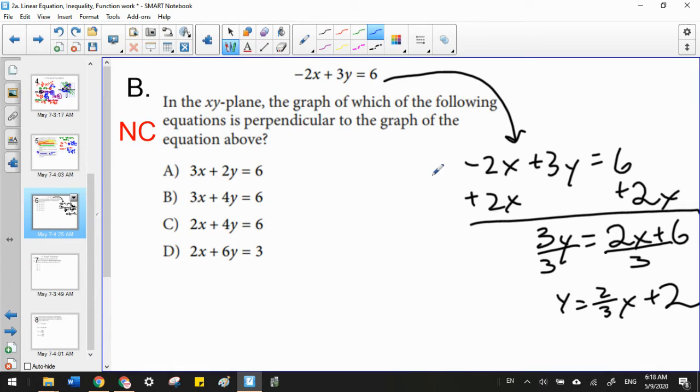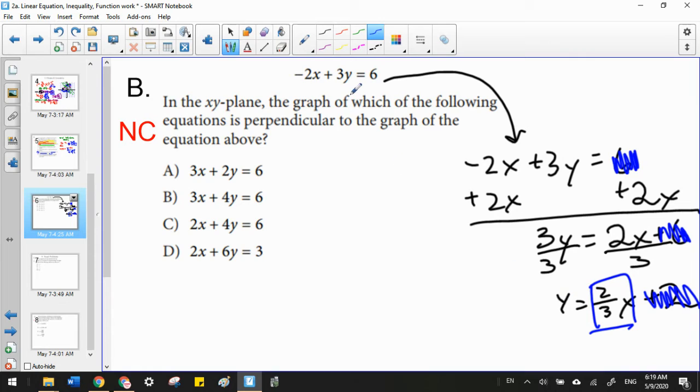Now I will tell you, as a math teacher who does well in the SATs, I'm extremely lazy when I know that a problem only talks about slope and nothing else. And if we're only talking about slope and nothing else, that means the y-intercept never mattered to me. Which is why sometimes when I do these problems, I don't really even think about the 6 in my head, because I know the only thing that matters to me is the slope, and doing one less calculation is usually nice.